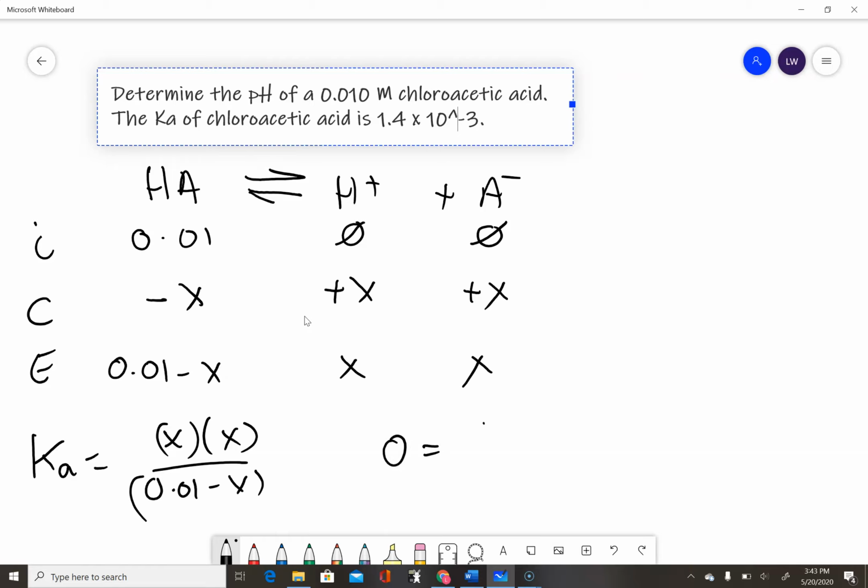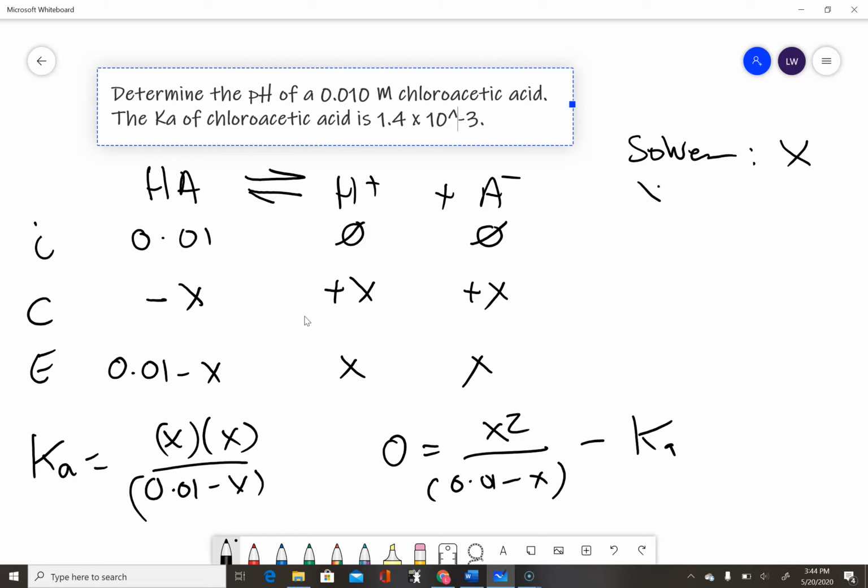So 0 would equal x squared over (0.01 minus x), minus Ka. And the reason for doing that is because I would like to use my solver to figure out what x is. So all I know about x is that it's going to be greater than 0 and x will be less than 0.01. So it's somewhere in that range.